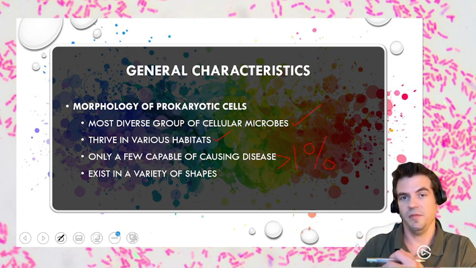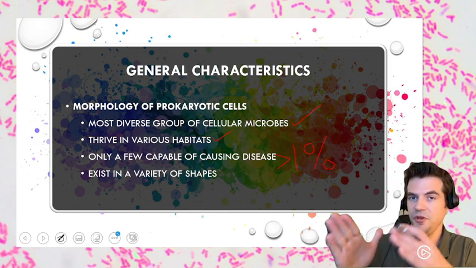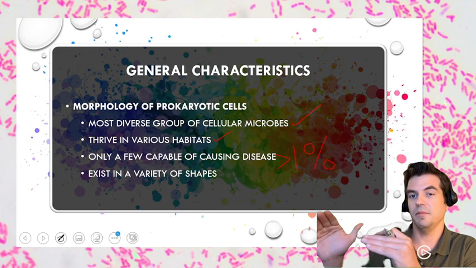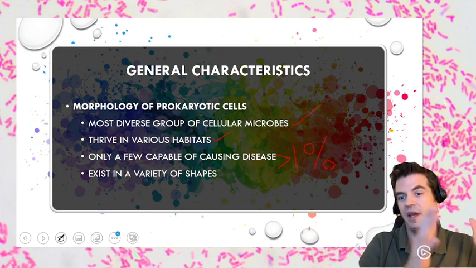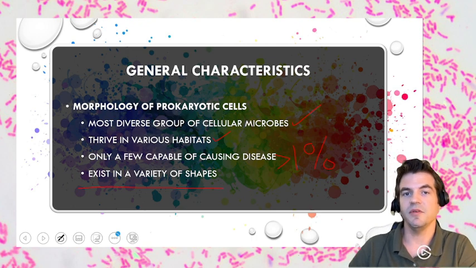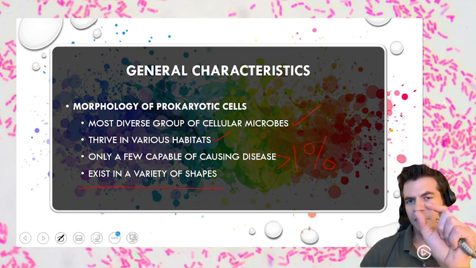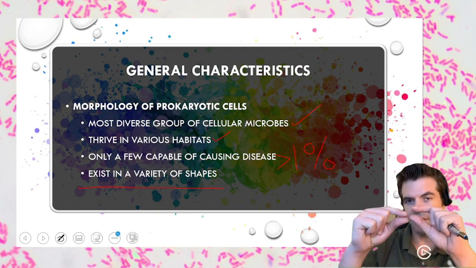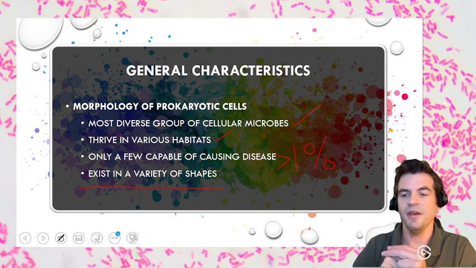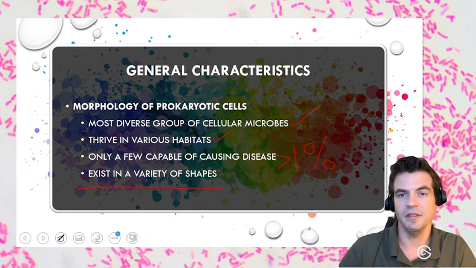Now that's not to say most bacteria can be used, just more can be used as a benefit than are pathogens. Okay, and then as you know, they exist in a variety of shapes and sizes. Even though their scale is the same, they'll still have different sizes within that scale, and also their shapes, bacillus and coccus being the two main examples that we need to know.